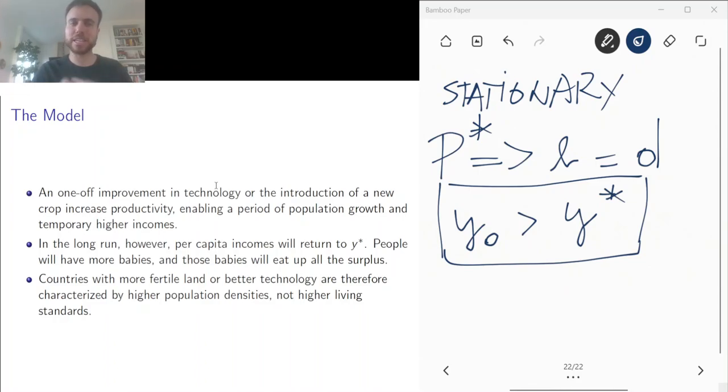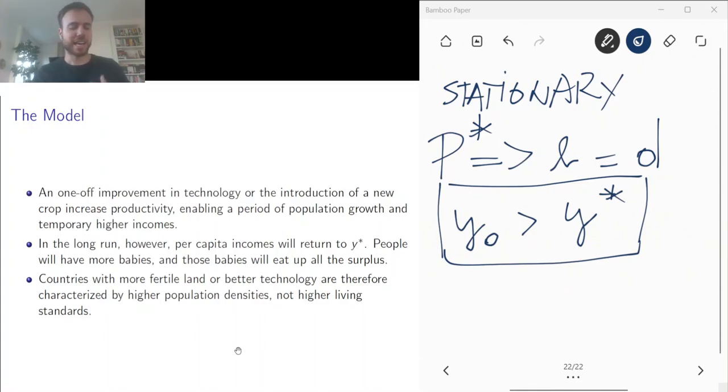But it doesn't mean that there are no short-term variations over these two variables. So the rule, the Malthusian trap, if you want to say that, is that in the long run, per capita income will always return to the equilibrium levels, the subsistence income level.